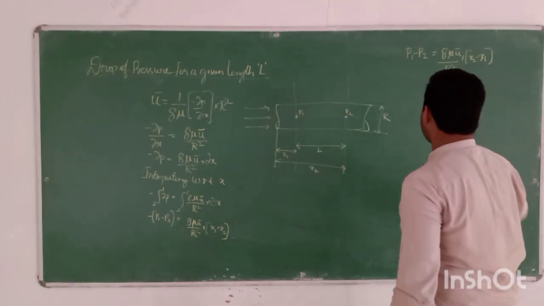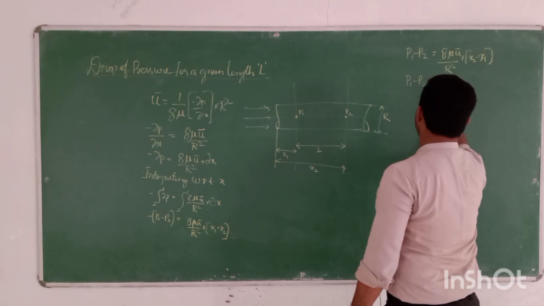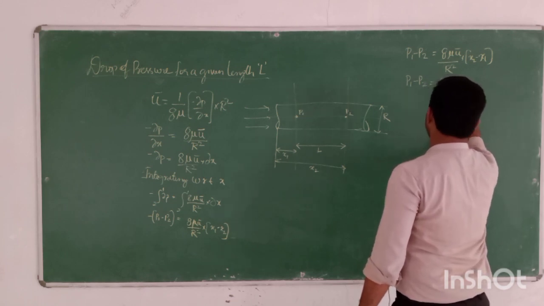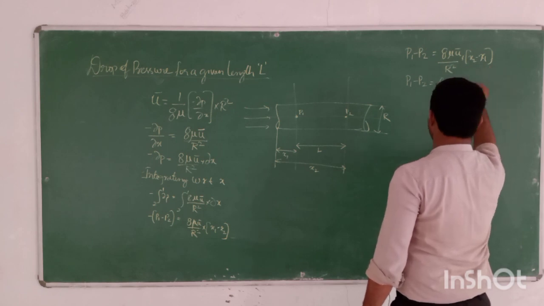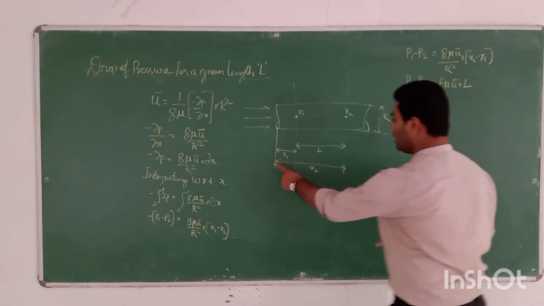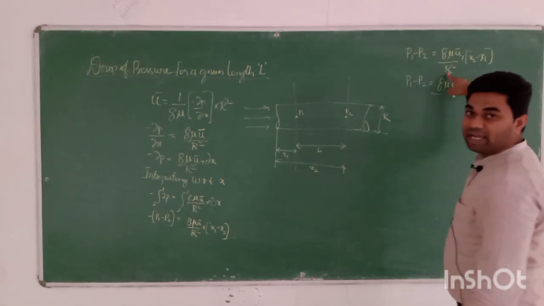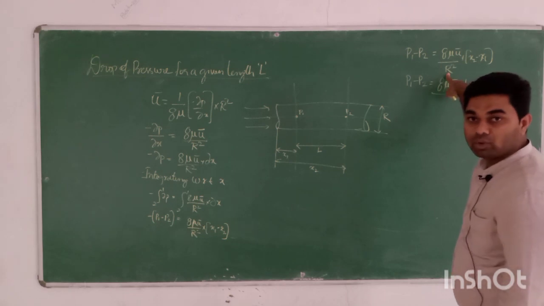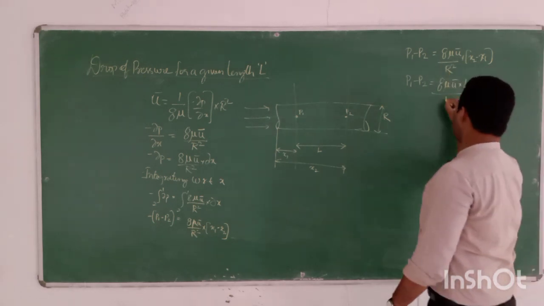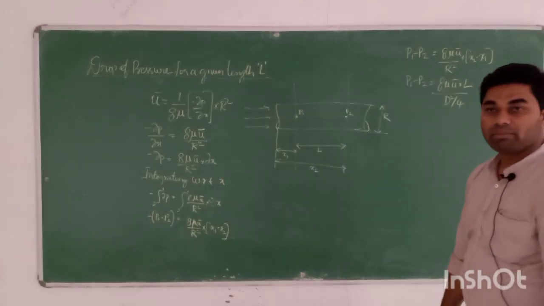So substitute that here. P1 minus P2 equals 8 mu u bar into L by R square. I am writing it in the form of diameter. R is d by 2, so R square is d square by 4.